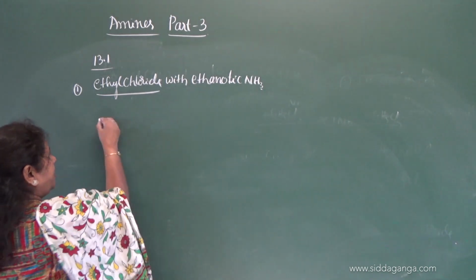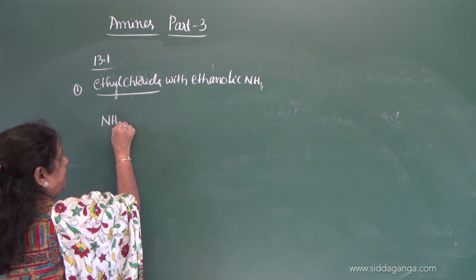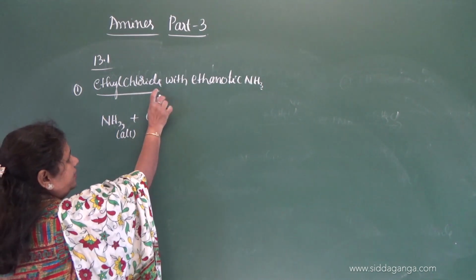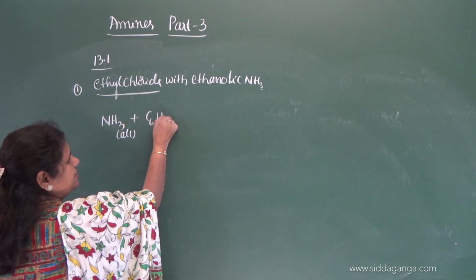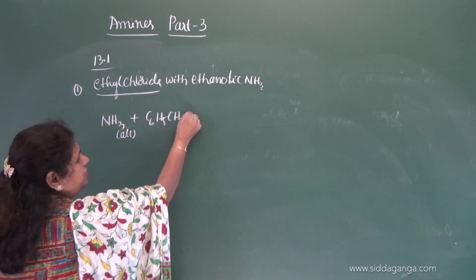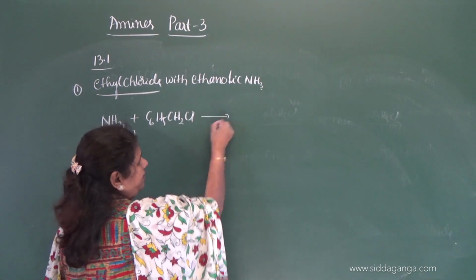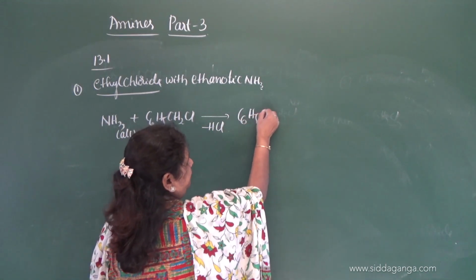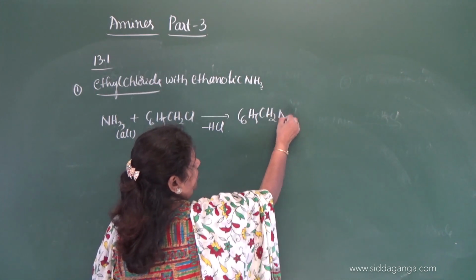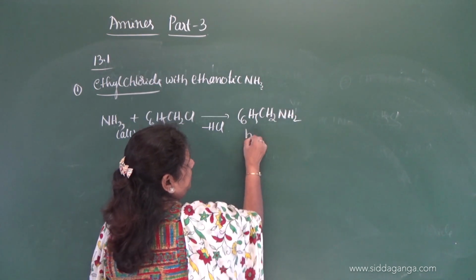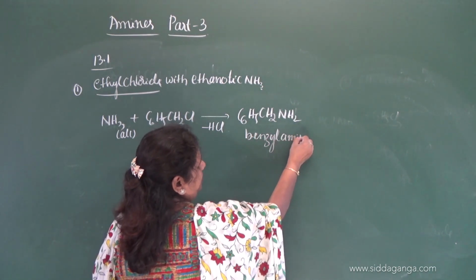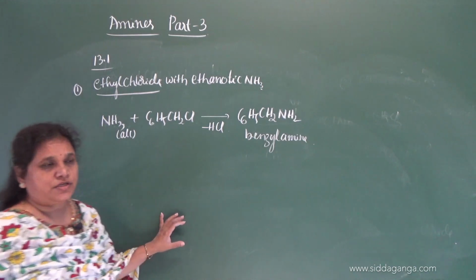So take alcoholic ammonia, treat it with benzyl chloride, C6H5CH2Cl. With the elimination of HCl, what you get? C6H5CH2NH2. This is benzylamine.